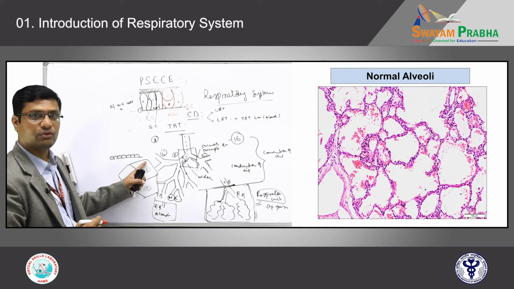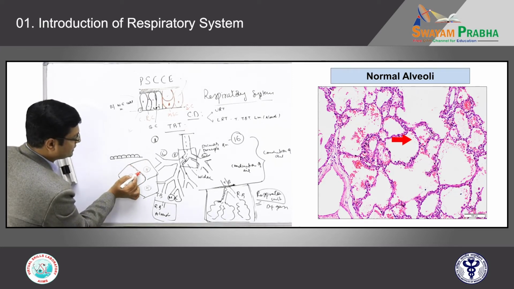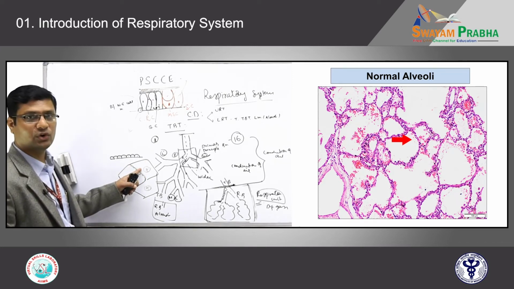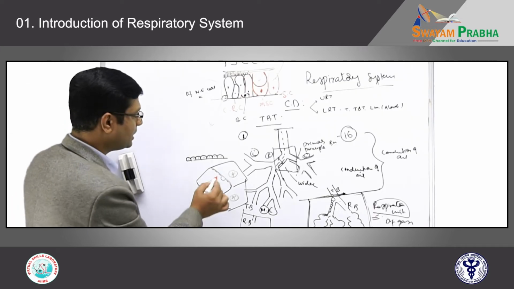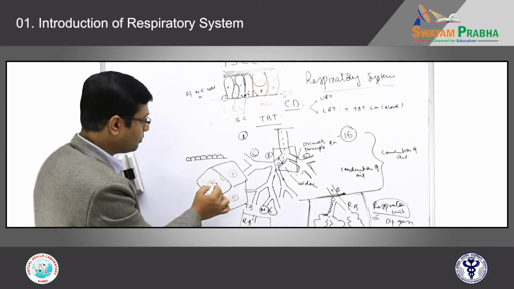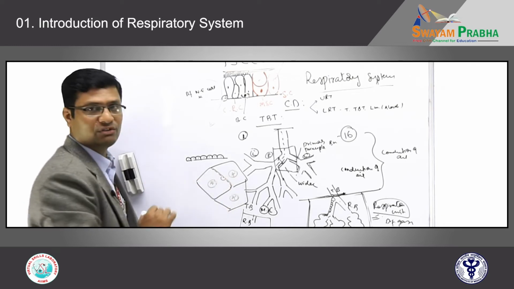These individual alveoli are separated by a thin septum, we call it the interalveolar septum. Why is it called interalveolar septum? This septum is common for both alveoli, it separates these two alveoli.